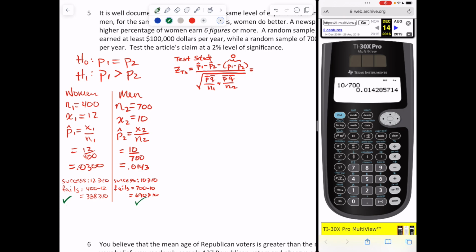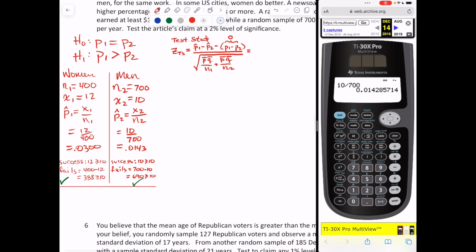And then the only thing I think I would add down here is work on the P bar and the Q bar. So I think I'll put that down below. Okay, so real quick, the formula for P bar is x1 plus x2 over n1 plus n2. So just adding up the total successes, there were 12 for the women and 10 for the men over 400 and 700.